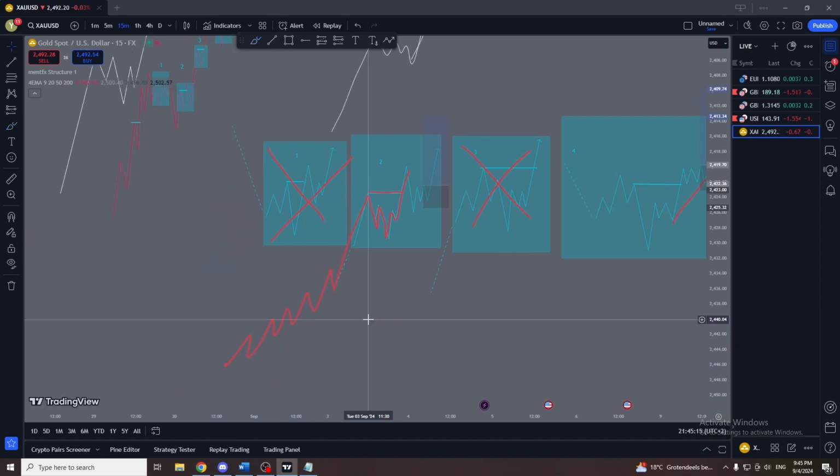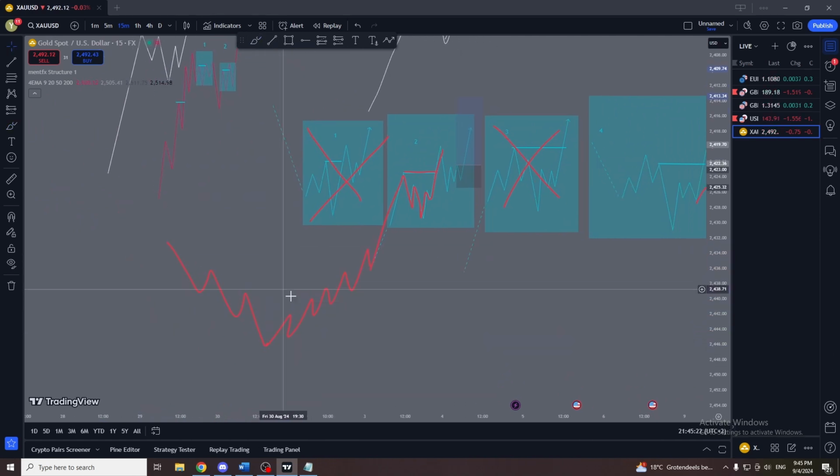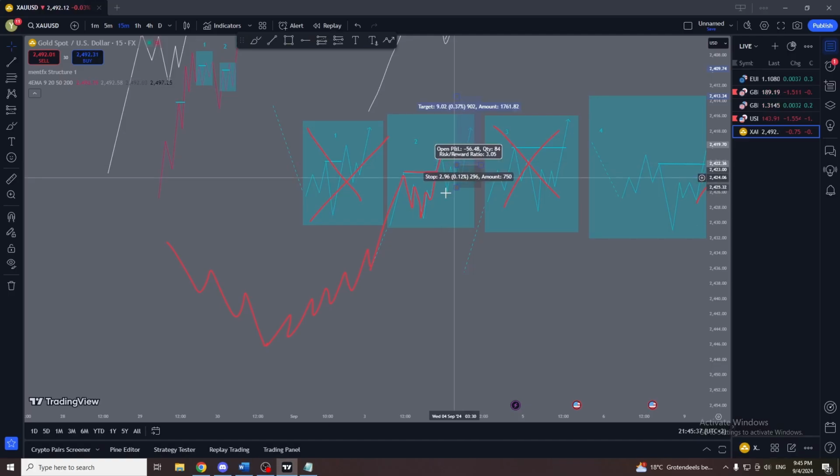You see what I mean? If I show you this now and I draw this, you can clearly see break of structure 1, 2, 3, 4, 5, 6. He traded break of structure 6. He can't do it because it's in his rules. His rules say break of structure 1 and 2, so the trade is not valid.